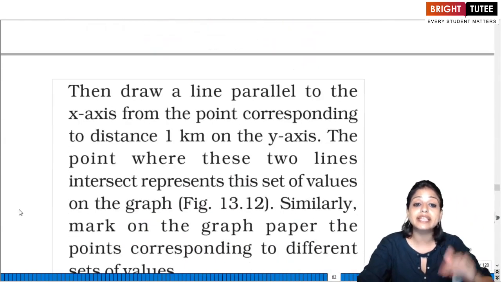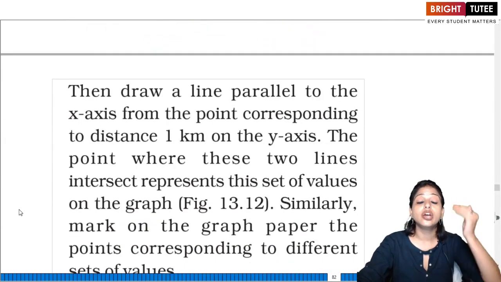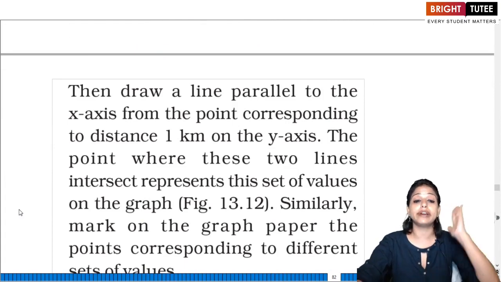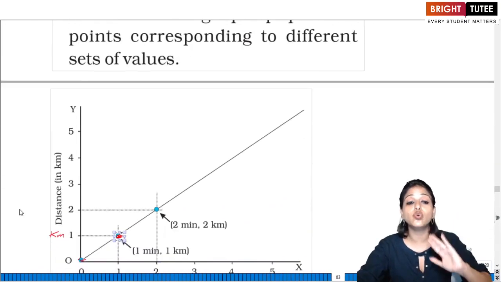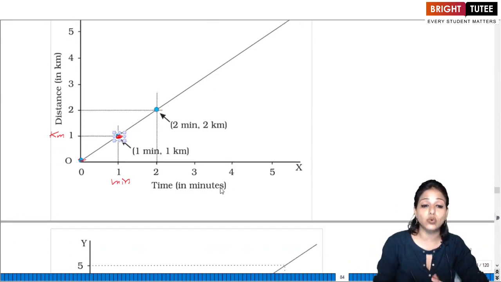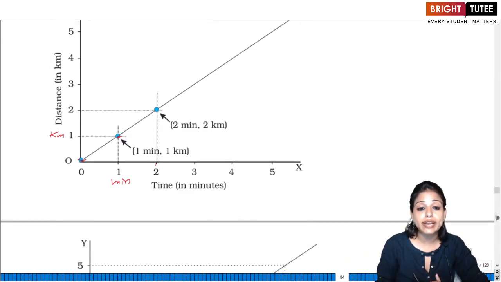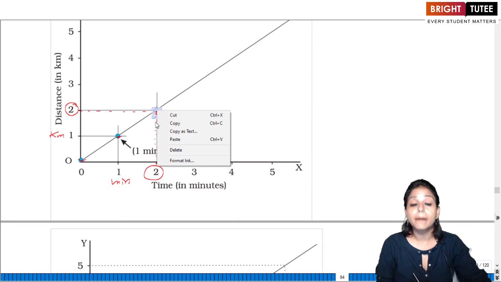Now, once we get this, we can start drawing a line through the corresponding values. Let's do it for 2 and 2. So in 2 minutes, students, we know 2 minutes on the x-axis is here. It covered 2 kilometers, that is on the y-axis is here. What you need to do is draw perpendiculars from these lines, and here you get your third point.